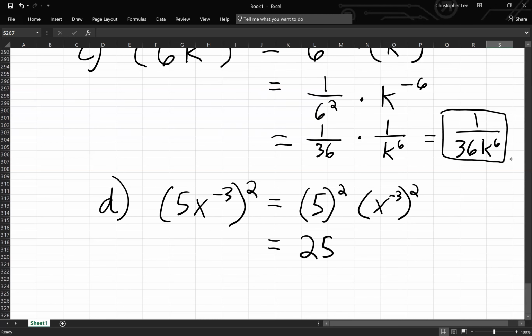Excellent. And then what is X to the -3 raised to the second power? What is that? X to the -6 power. Now you remember it's illegal for me to have negative exponents. So what happens here? 1 over X. Very good. So this is 25 times 1 over X to the 6. Let's put that together. They're being multiplied. This is going to become what? 25 over X to the 6 power. Questions on that?